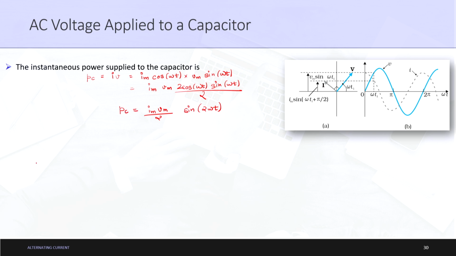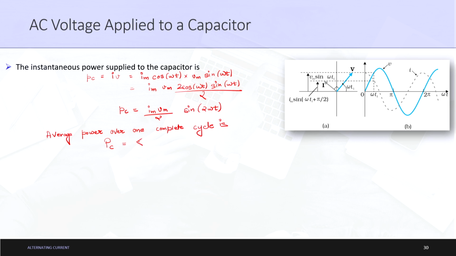In a similar way, we can write the average power over one complete cycle. Let me write it as capital Pc.